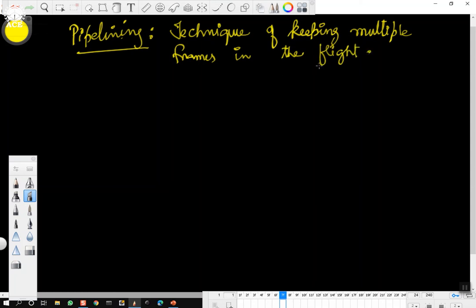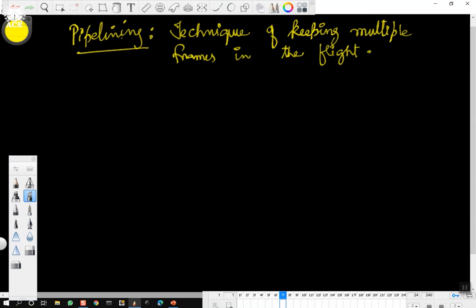It should not get blocked. Rather than that, it should continuously keep on sending the frames. That is called pipelining. The remaining two protocols, Go-Back-N and Selective Repeat, are based on this concept of pipelining, meaning the window sizes are more than one.